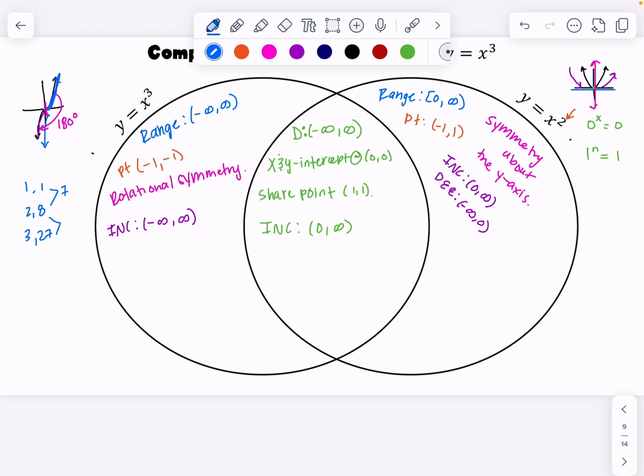Versus the quadratic went (1, 1), (2, 4), (3, 9). So when x is larger than 1, x squared grows slower. Because notice we were only looking at x greater than 1. So here, when x is greater than 1, x cubed grows faster.